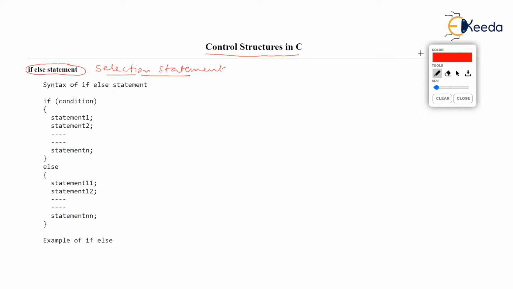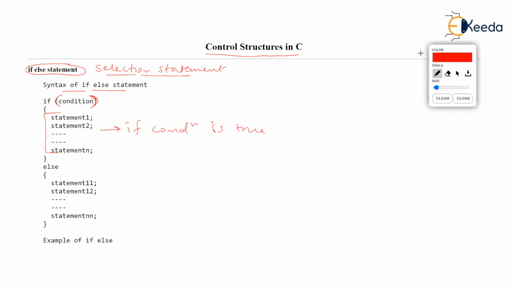Now the grammar of if-else is: if is followed by some Boolean condition, some Boolean expression which always evaluates to true or false, and within the if we write a set of statements. Some n statements have been written. Now these statements will run if the condition is true.